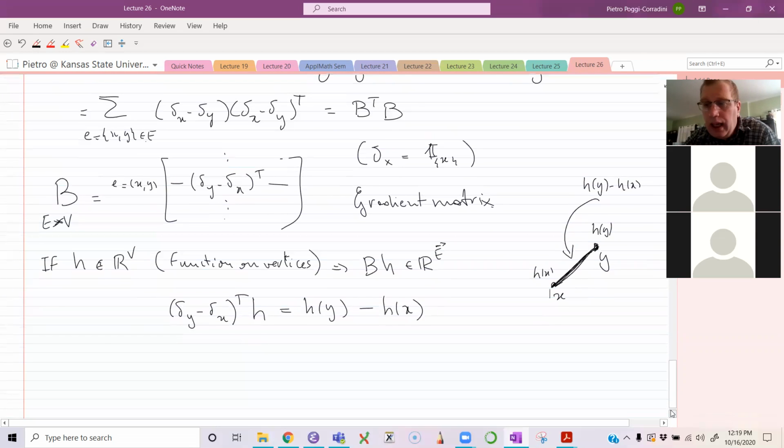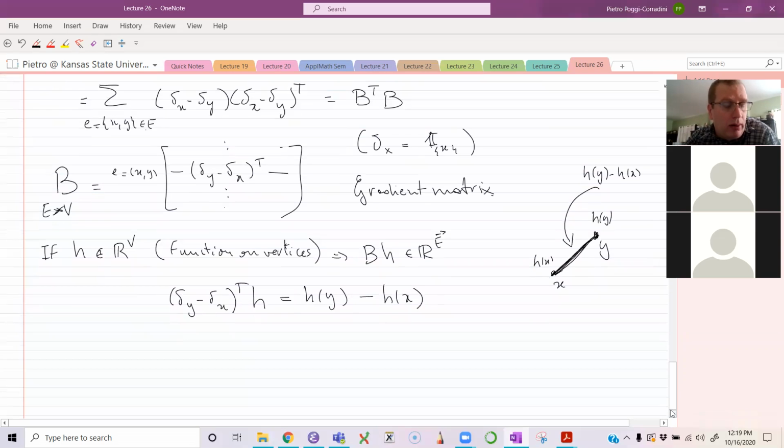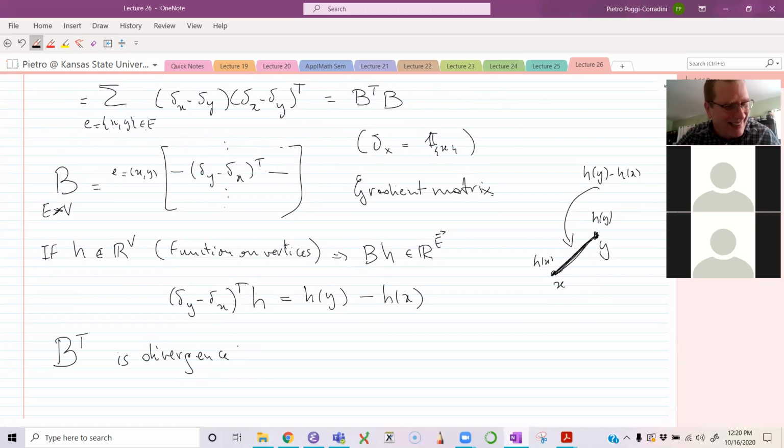All right. Now, B transpose, did I already mention this? I think it is akin to the divergence. Did I already mention these things? I feel like yes, I did. We might have gone through part of this towards the end last time.